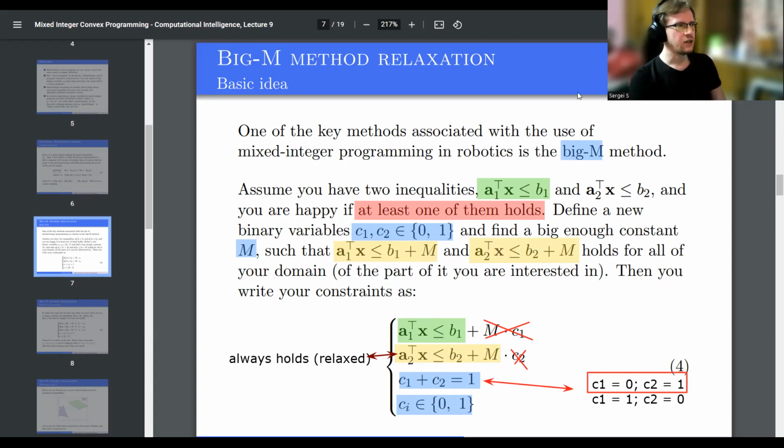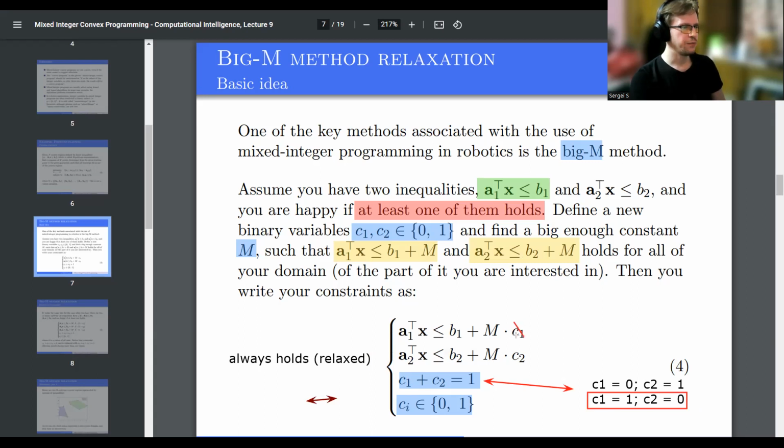Now let us consider the second scenario. So let me get rid of all of this. Second scenario is this: C1 equal to 1, C2 equal to 0. What's going to happen? Well, first of all, we need to understand what happens here.